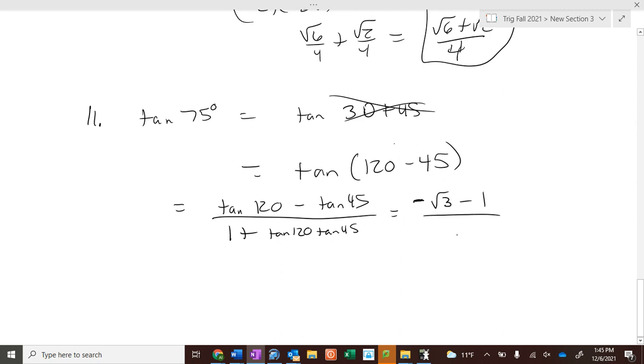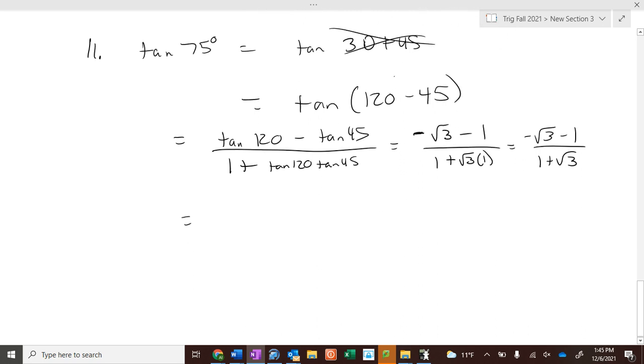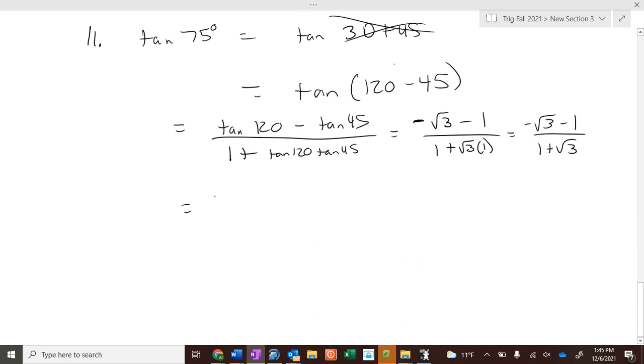Minus 1 over 1 plus square root of 3 times 1, which is negative square root of 3 minus 1 over 1 plus the square root of 3. What do we have to multiply both the top and bottom of that by? Conjugate of the denominator. I'm going to switch the numerators order. Since they're both minuses, I'm just going to switch their order. So I'm going to multiply this by 1 minus the square root of 3.